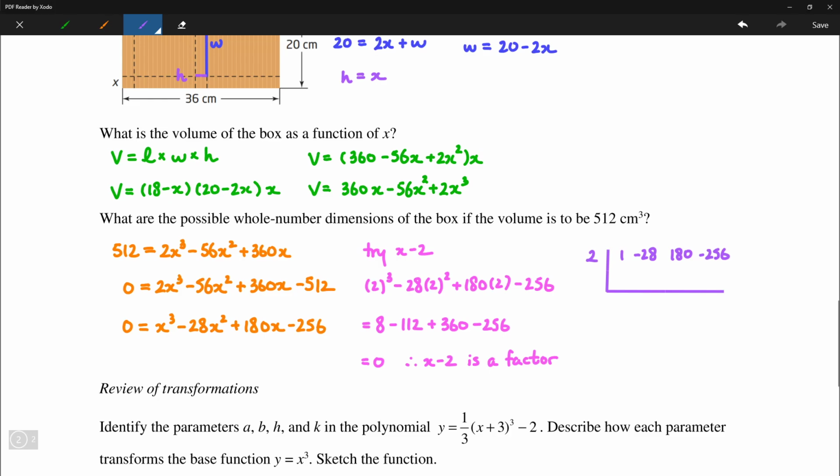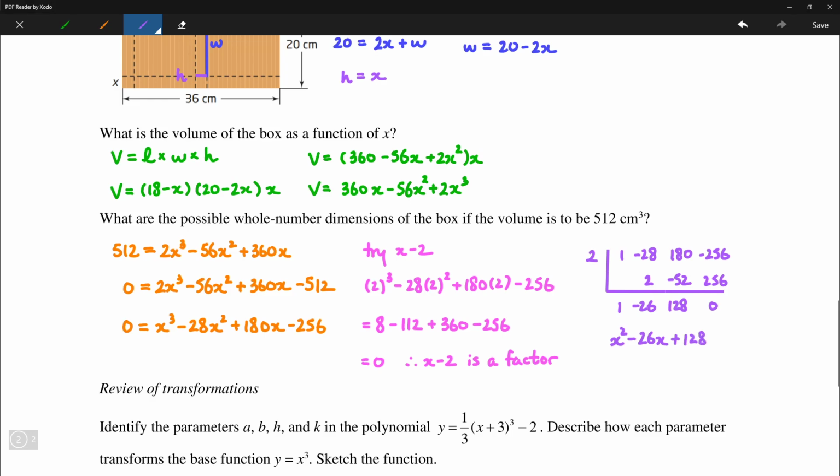So of course we have 1, 2, negative 26, and then negative 52. Add together gives us a sum of 128 times 2 is 256. So we do have a remainder of 0 and a quotient of x squared minus 26x plus 128.